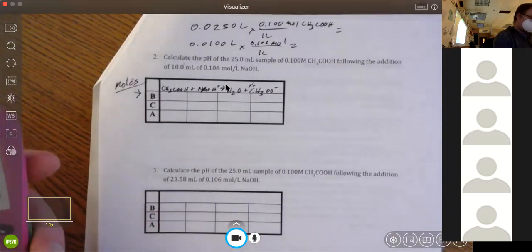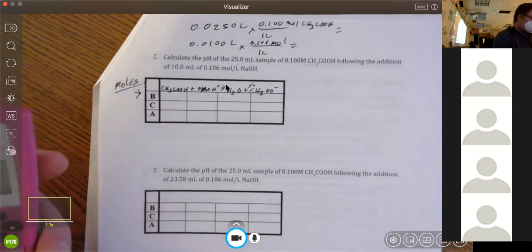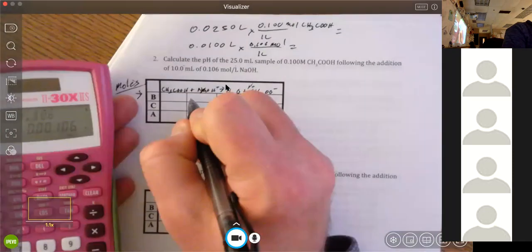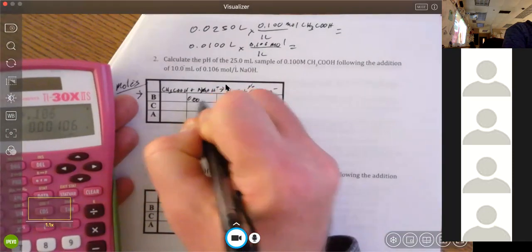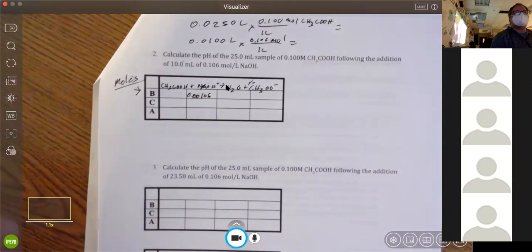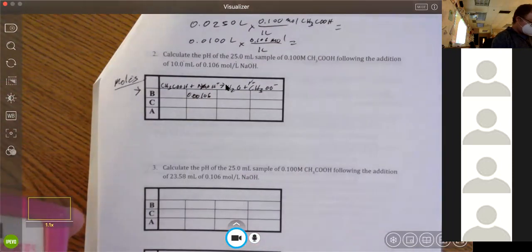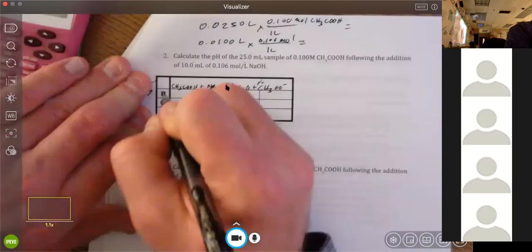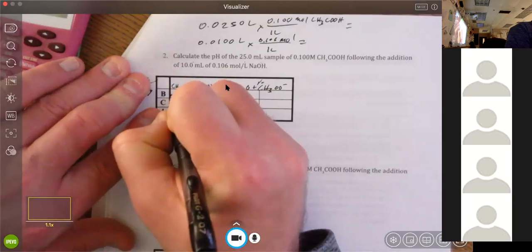And we can move the decimal on this, but more math, I would rather go ahead and just put it in there. So that's the number of moles of sodium hydroxide, or the hydroxide ion. And there is the number of moles of the acetic acid.